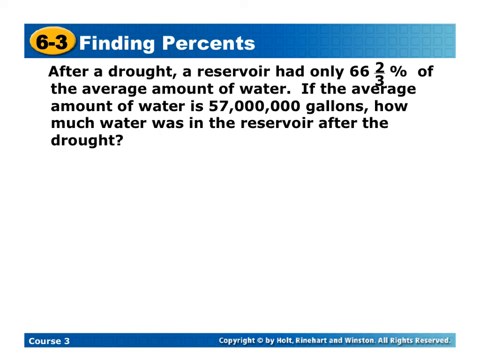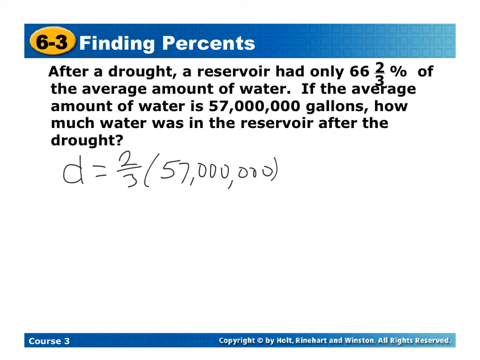So the reservoir after the drought is equal to 66 2/3%, or I'm going to use a fraction here because the decimal is not going to be exact. This is 2/3 of the 57 million gallons.